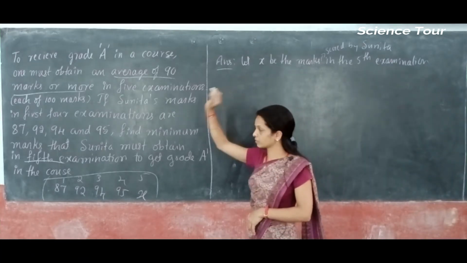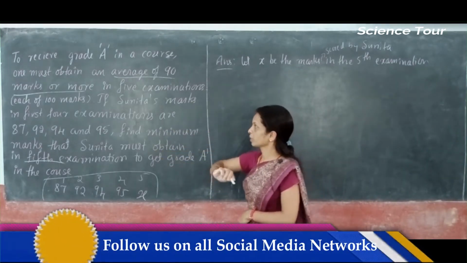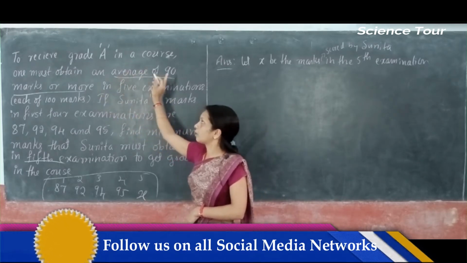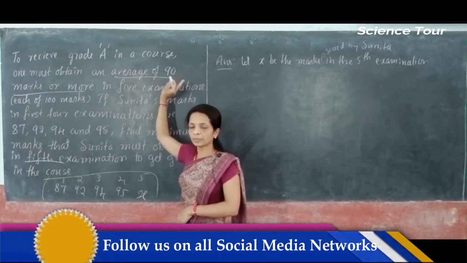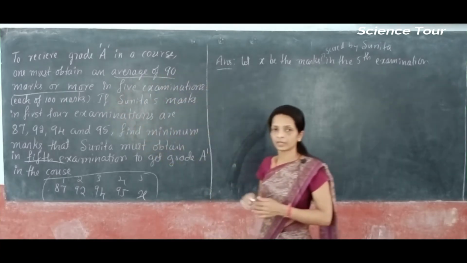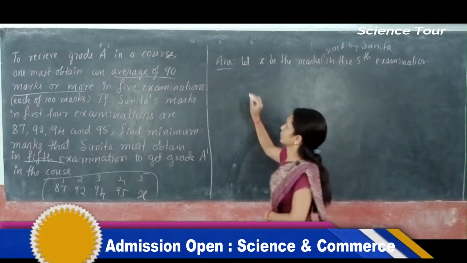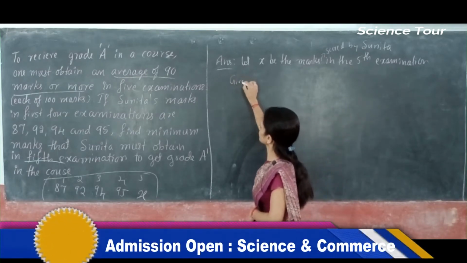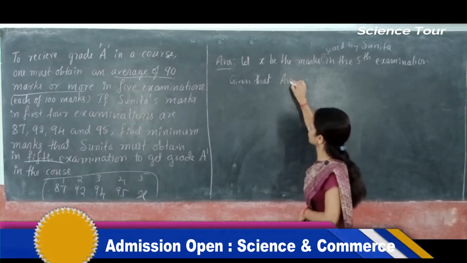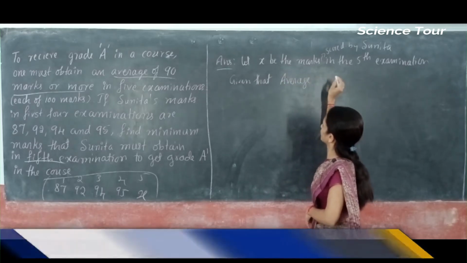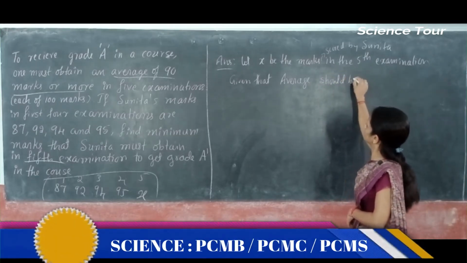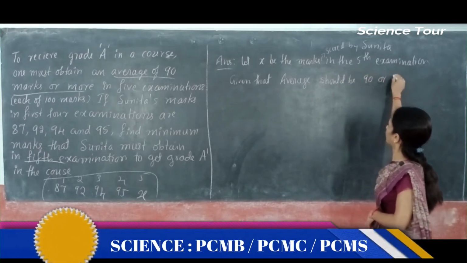To find x, you have to use that condition. She has to get a grade A. To get grade A, her average marks should be greater than or equal to 90. Given that the average should be 90 or more.